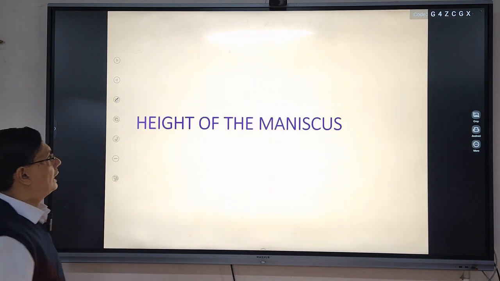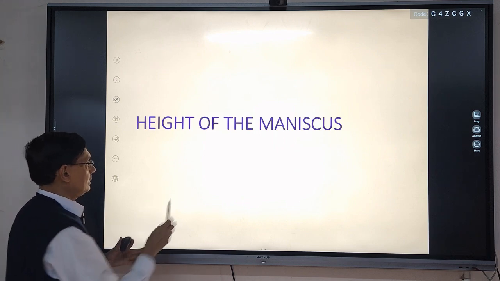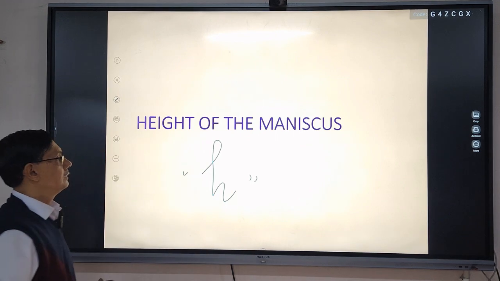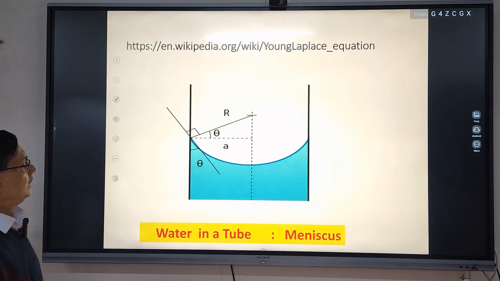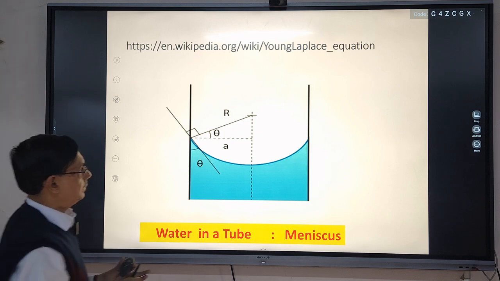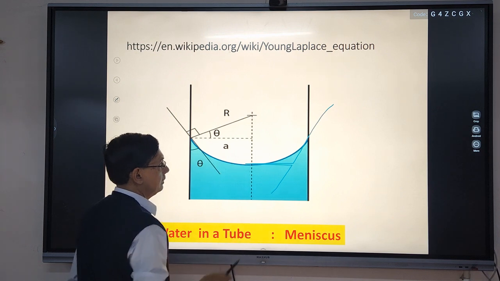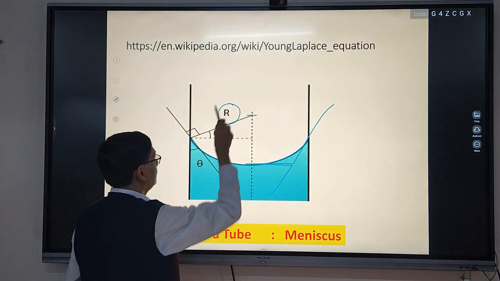Sometimes there is a possibility of a numerical problem for that, so we use the Jurin equation like that.